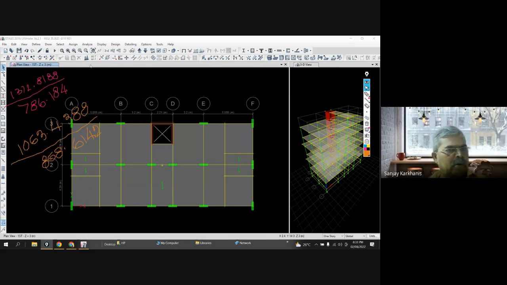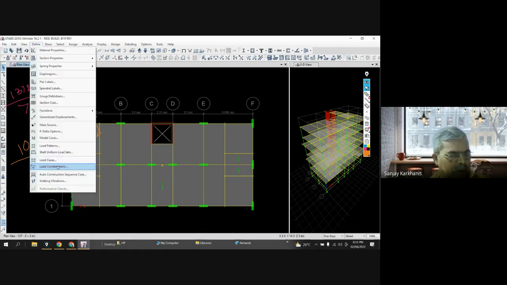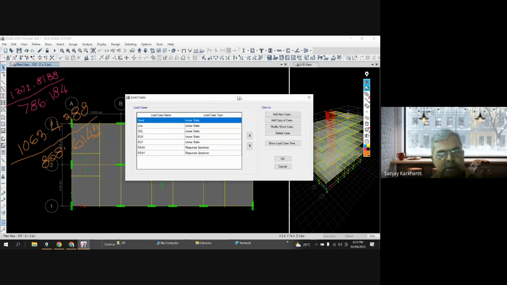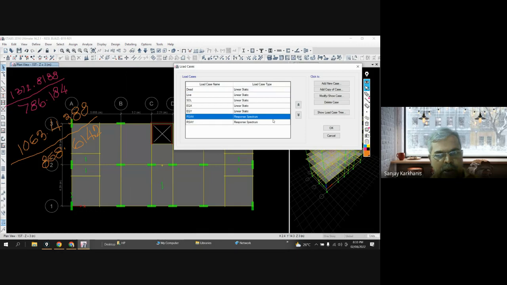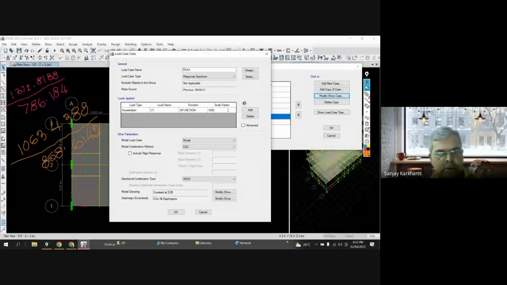See, I am getting it. So go to Define, then go to Load Cases, and in that go to modify. Enter 1372.8188 divided by 786.184 and press enter.